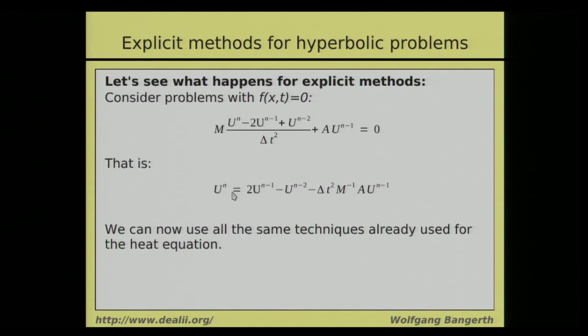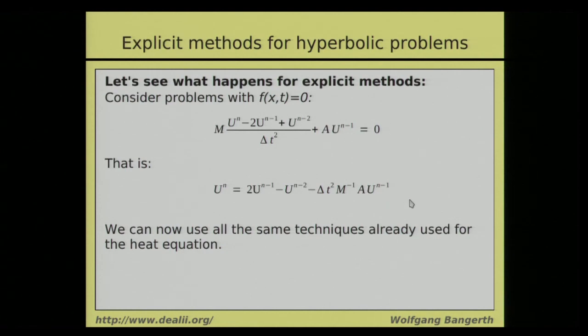Then I can show that u^n equals 2u^(n-1) minus u^(n-2) minus delta t squared M^(-1) A u^(n-1). Okay, so everything on the right-hand side is computable because I already know what happened at times n minus 1 and n minus 2, and I can immediately compute the solution u^n at time t_n.